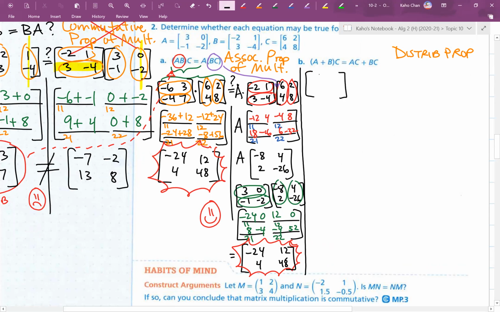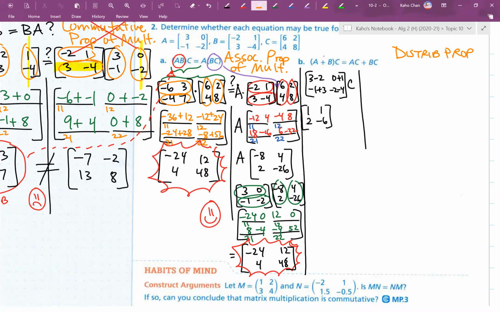A plus B, 3 plus negative 2, and then 0 plus 1. I'm doing it mentally up there. Negative 1 plus 3, and negative 2 minus 4 times C, right? Times C, check. And then I have 1, 1, 2, negative 6 for my A plus B right there.